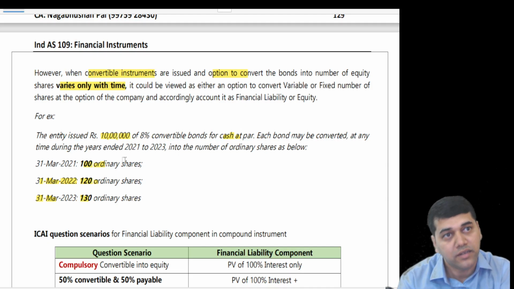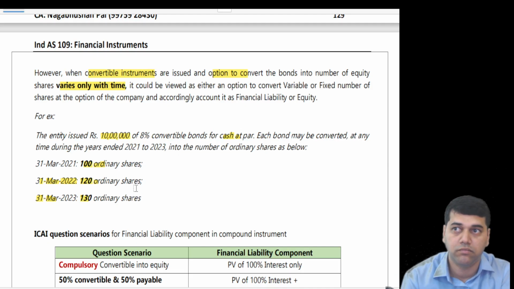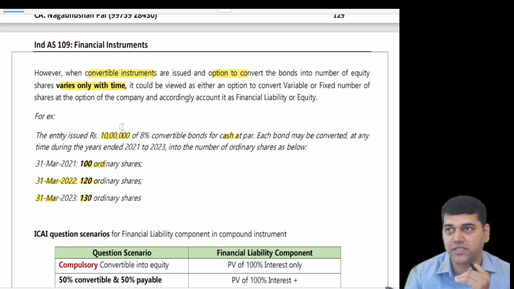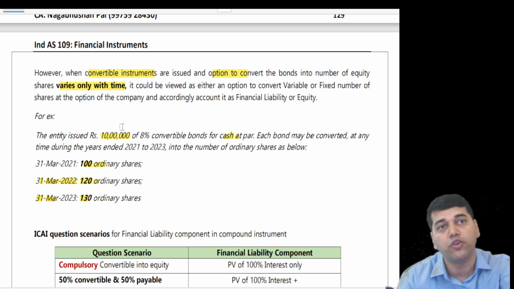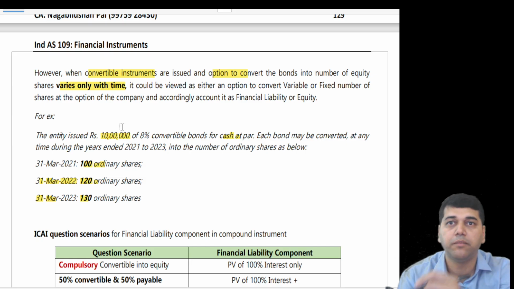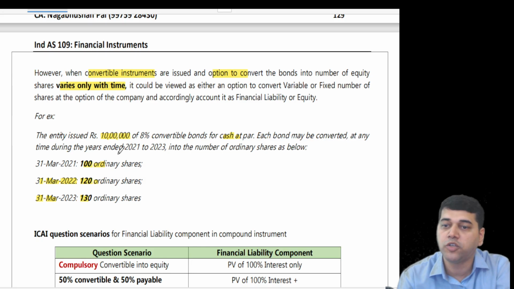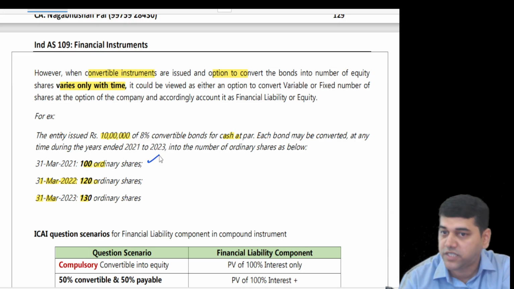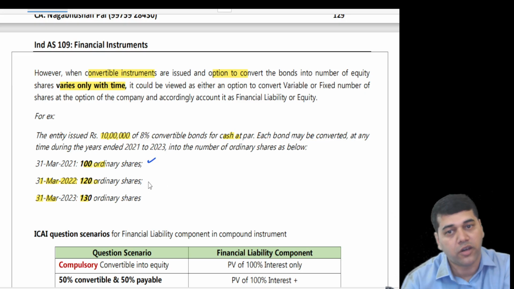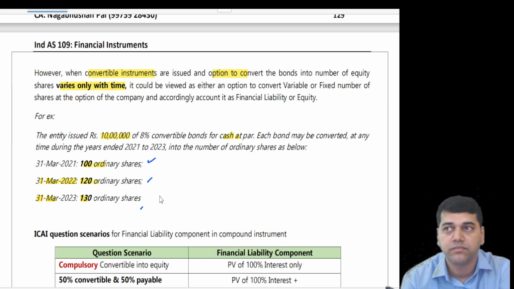Now tell me, does it pass the fixed for fixed test? Because today the premium amount is fixed, but the number of shares which you are going to convert, is it fixed? Variable. Because the option holder can convert in the first year or second year or third year.